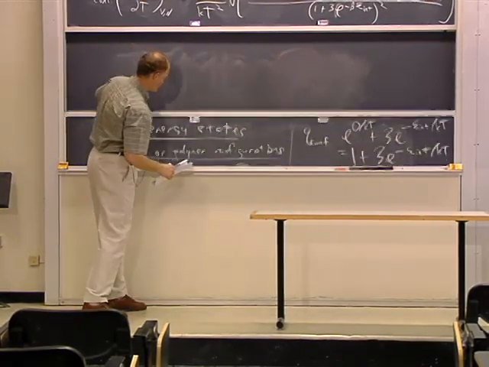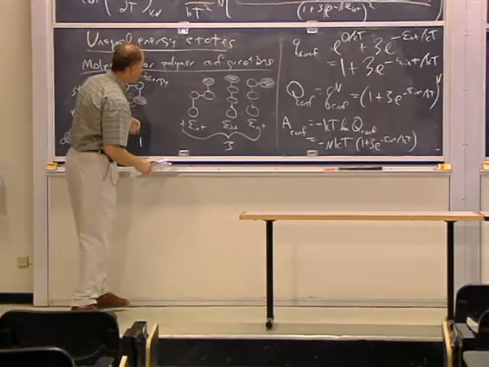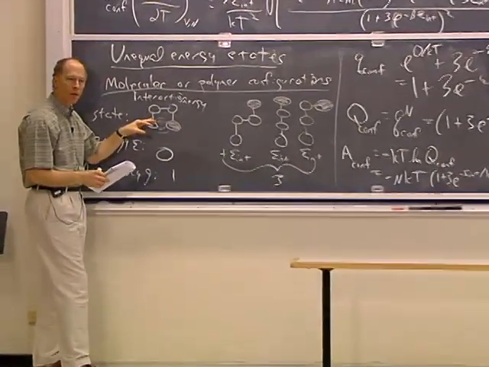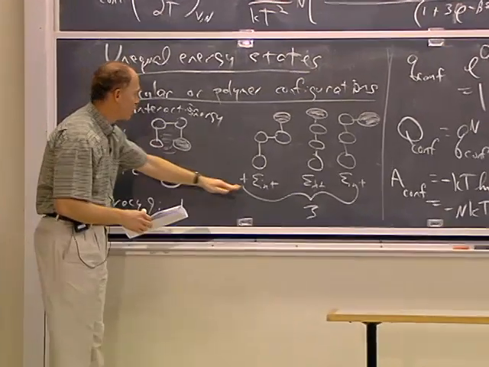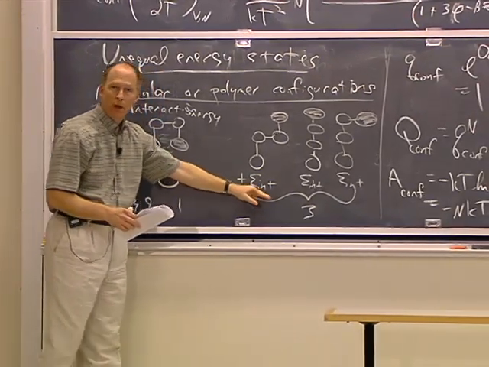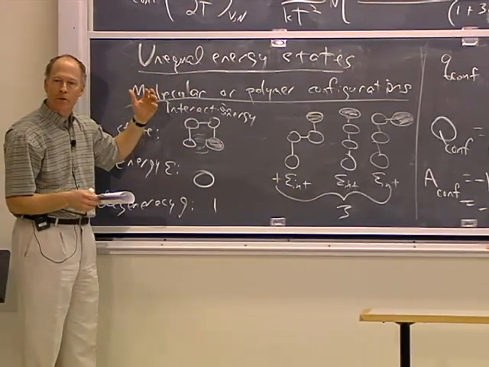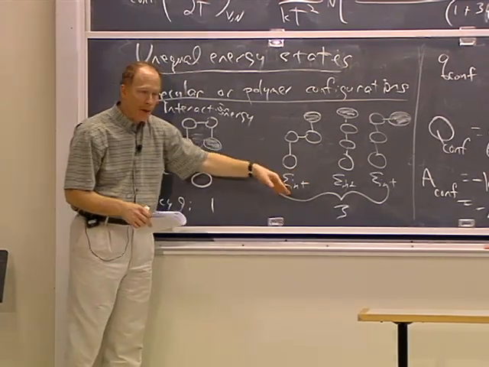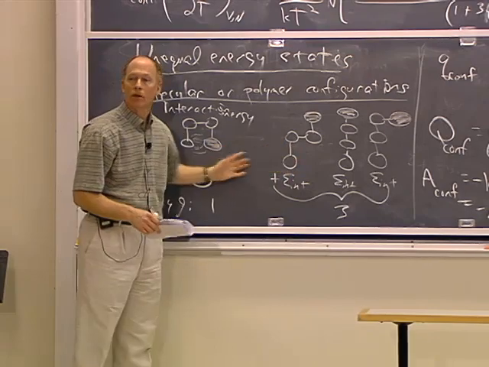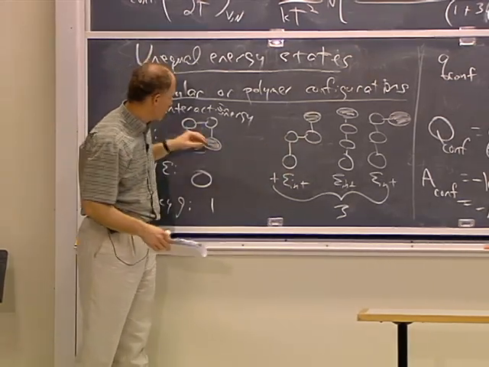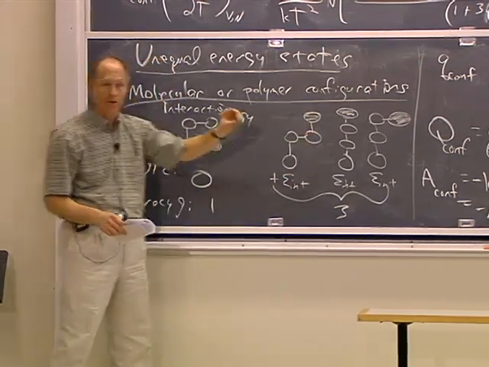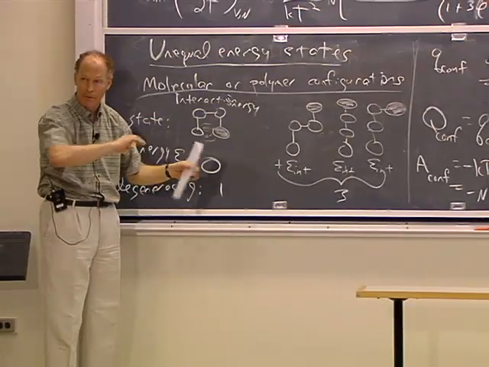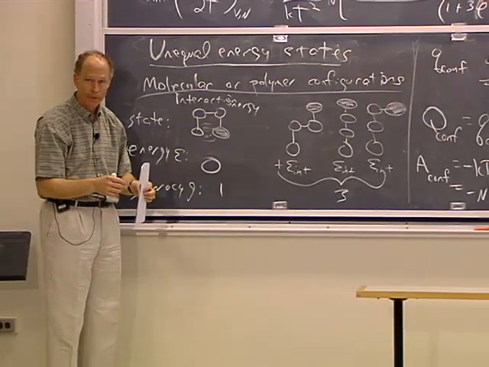There's a big difference in what happens when kT is much bigger than this energy. Under those conditions, let's say it's hot and this is a small energy difference, then the probabilities are essentially equal that the molecule is in this state or in any of these states, because the energy is so tiny compared to the thermal energy. The molecules are continually being kicked around among all those states.